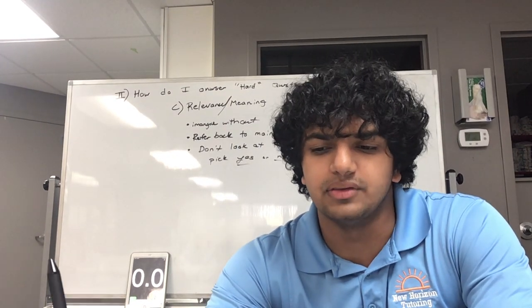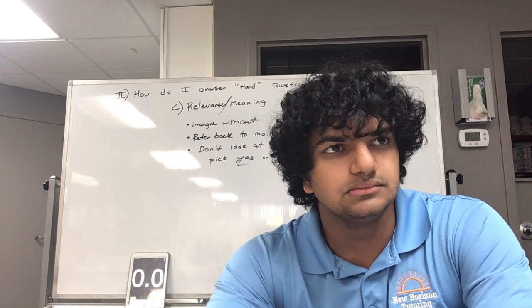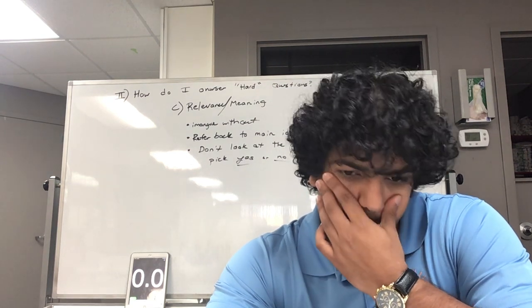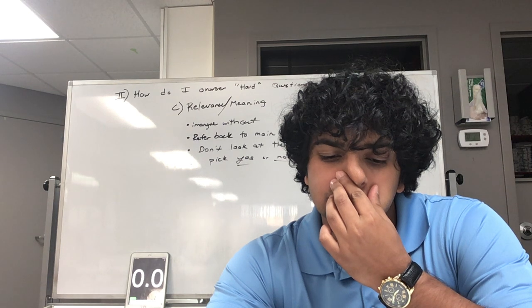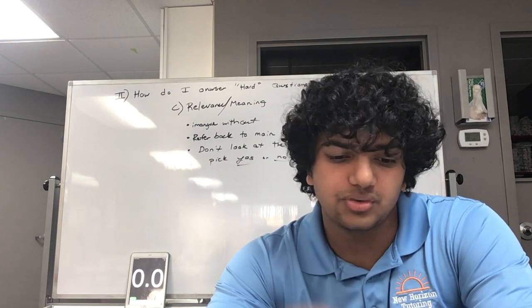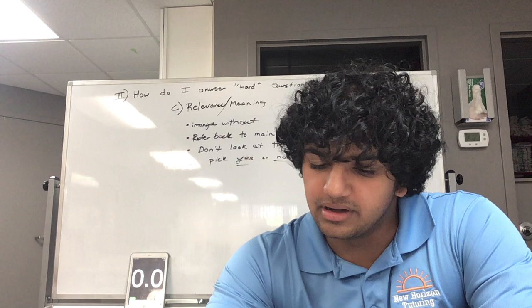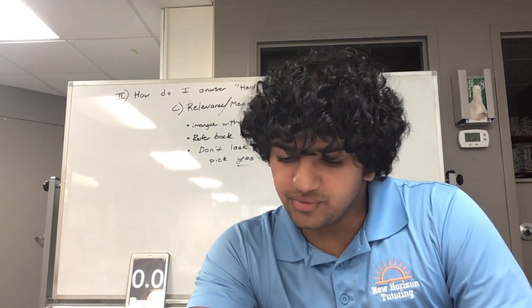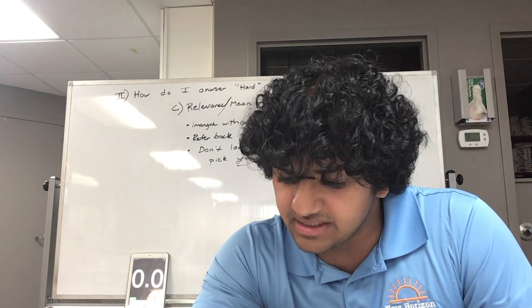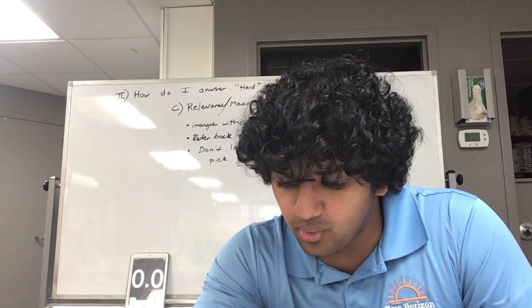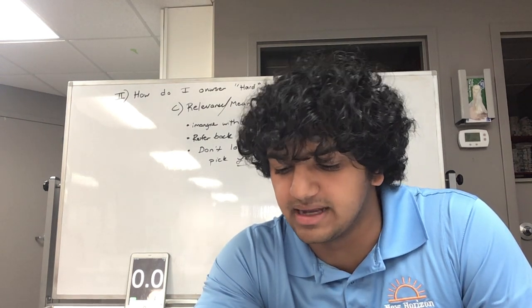Which ones were hard on this one? 24. Here we are. 24 says, given that all the following are true, which sentence, if added here, would provide the most effective support for the statements made regarding the night sky?